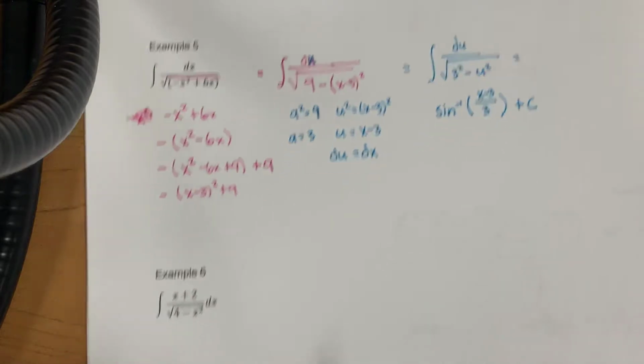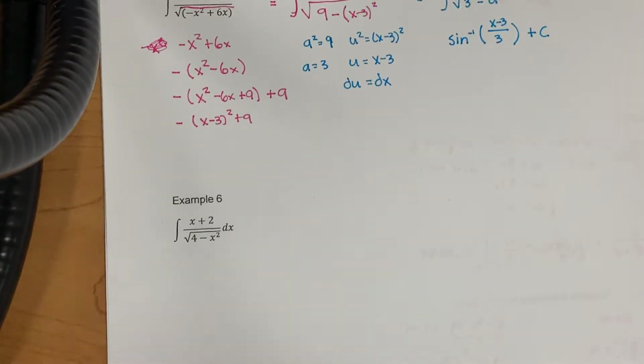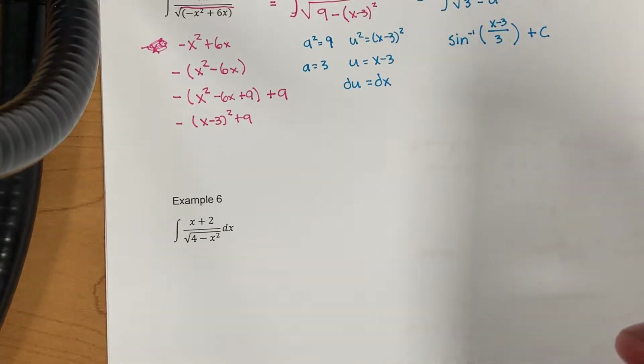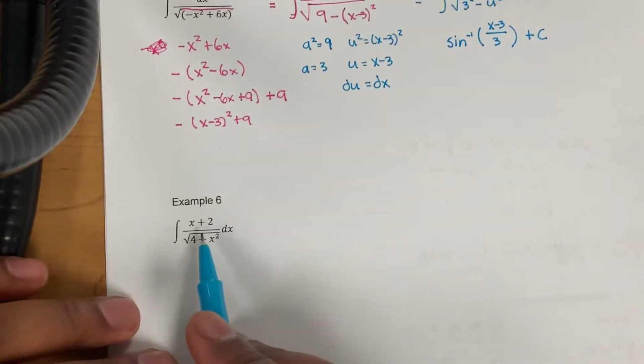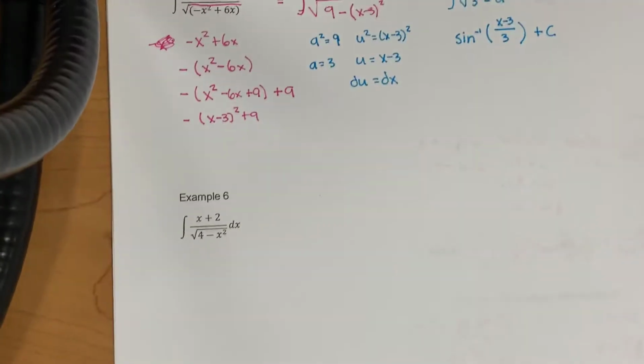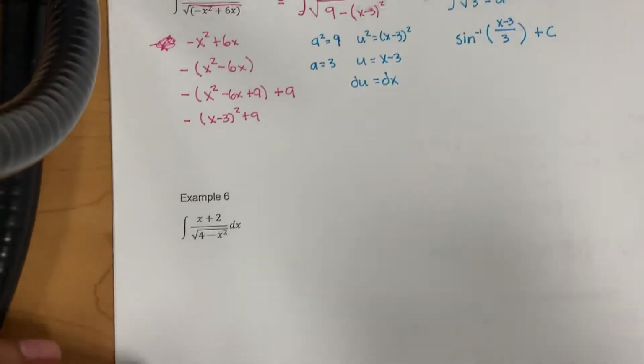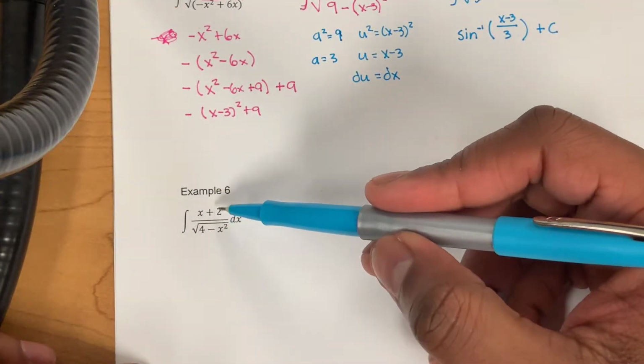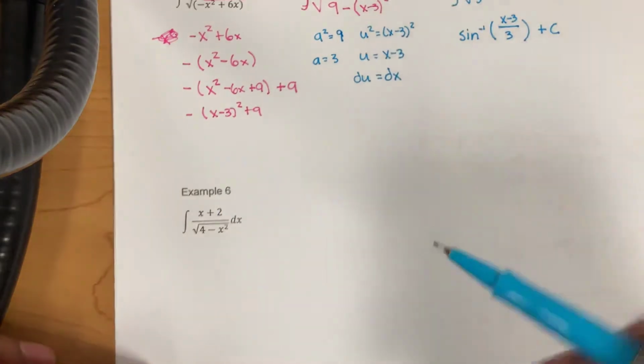For the next example, sometimes it's going to appear that we can do an inverse trig function with the integral as we currently have it, but we're going to separate this into two different integrals.